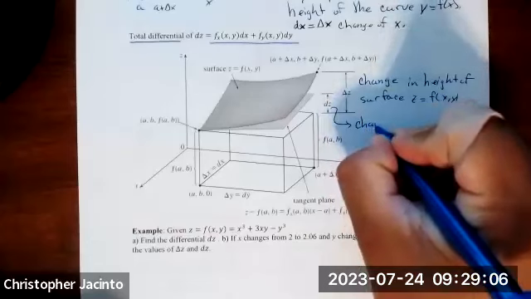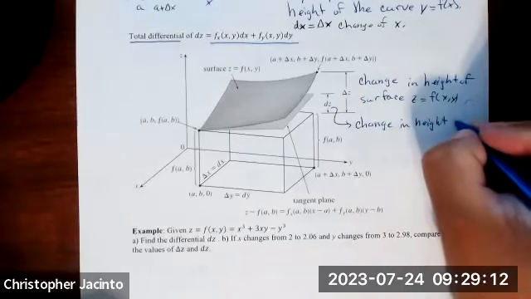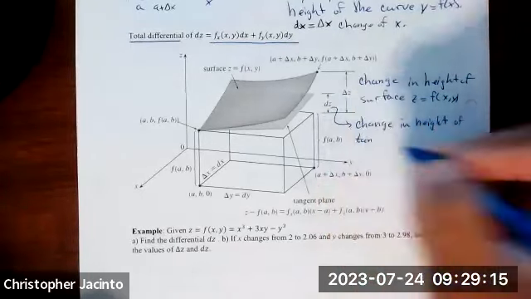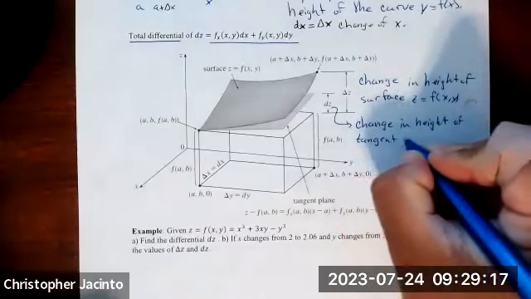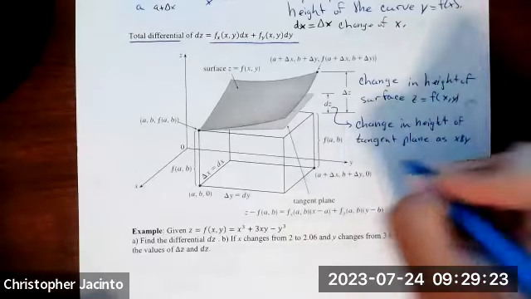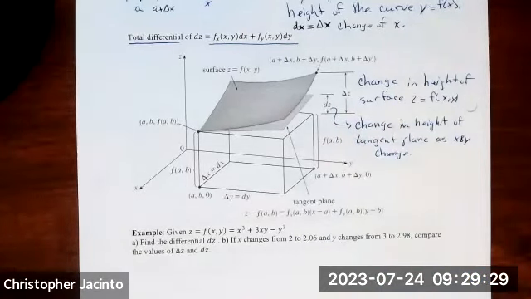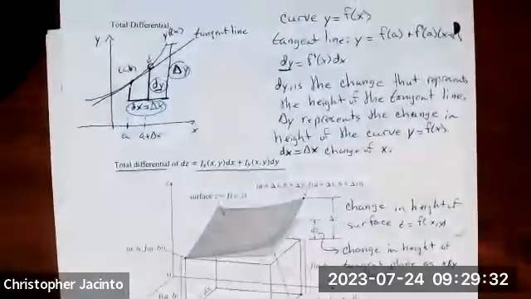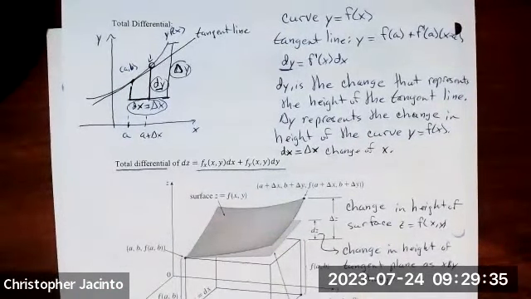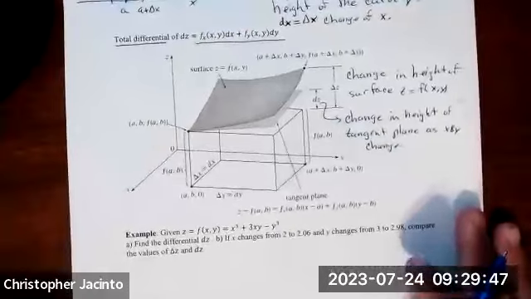This is the change in height of the tangent line, or in this case, the tangent plane. So this is pretty interesting because the exact same process we did earlier in Cal 1 and Cal 2 of how to find differentials applies here as well. But in space, we call it the total differential. That's the only difference.